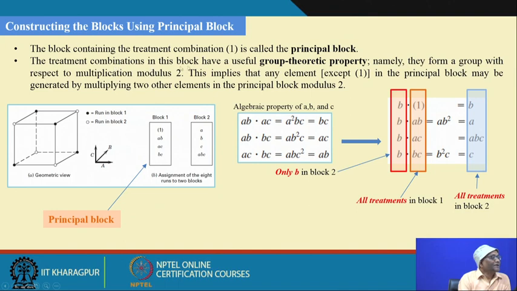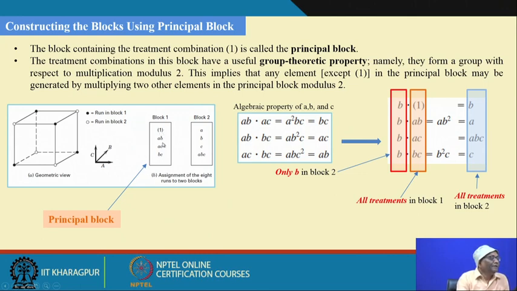The treatment combinations in this block have a useful group theoretic property, namely they form a group with respect to multiplication modulus 2. This implies that any element except 1 in the principal block may be generated by multiplying two other elements in the principal block modulus 2. Okay. So, this is our first block, because this is the principal block, it contains 1.